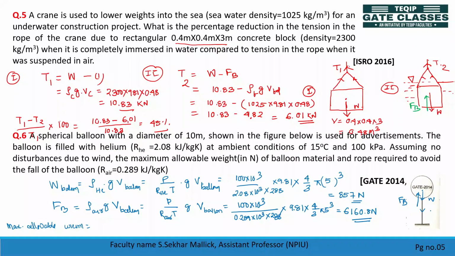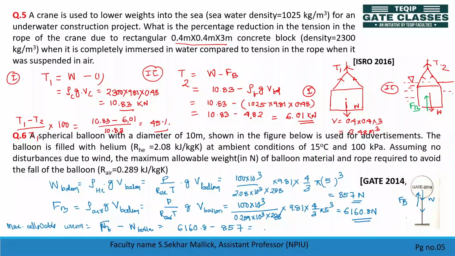If we have tied this with a rope, we will have tension. So W plus T will be equal to buoyant force. So that tension or the maximum allowable weight will be the difference of buoyant force on balloon minus weight of balloon. How much? 6160.8 minus 857. This much.